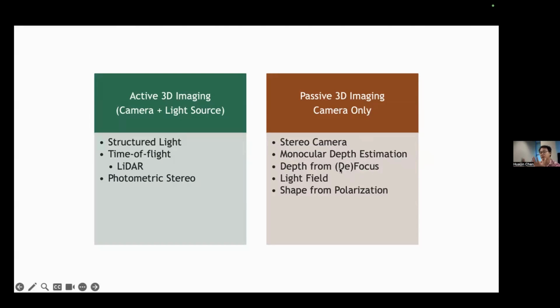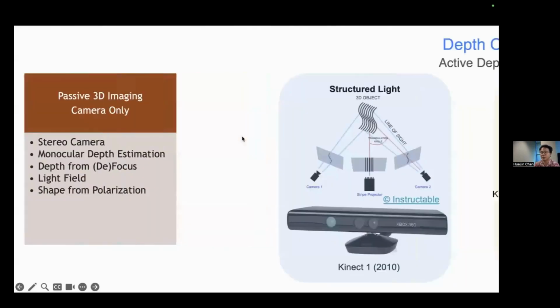It actually tells you some information about depth within the scene. You can also have a very interesting camera called the light field camera, which will capture a lot more information about light. And if you have a polarization camera, the polarization filters you put in front of a camera also will provide some information about the 3D geometry. So let's take a look at some of those camera technologies.